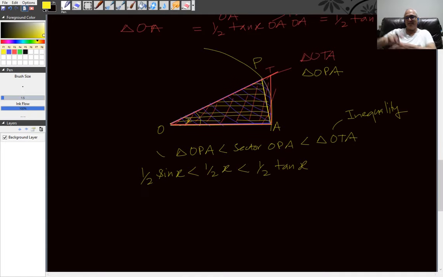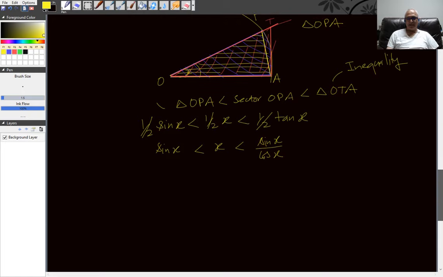And we see that OTA is the largest, and after that is the sector, and smaller than that is the triangle. Now you should know the rules of inequality. That's another prerequisite. So half will get cancelled. So sin x is smaller than x, smaller than sin x divided by cos x. And now we divide all the three terms by sin x.